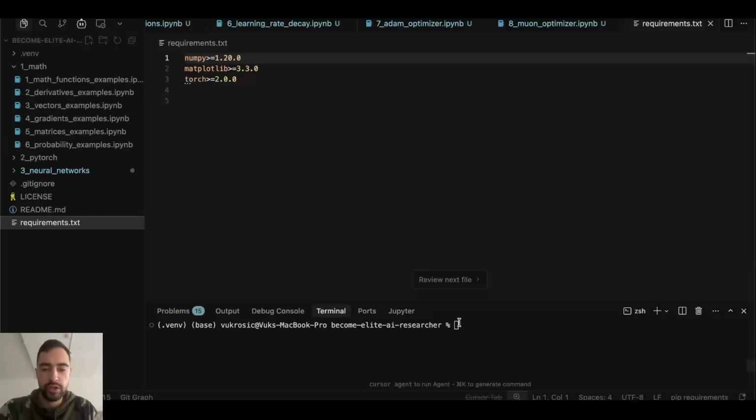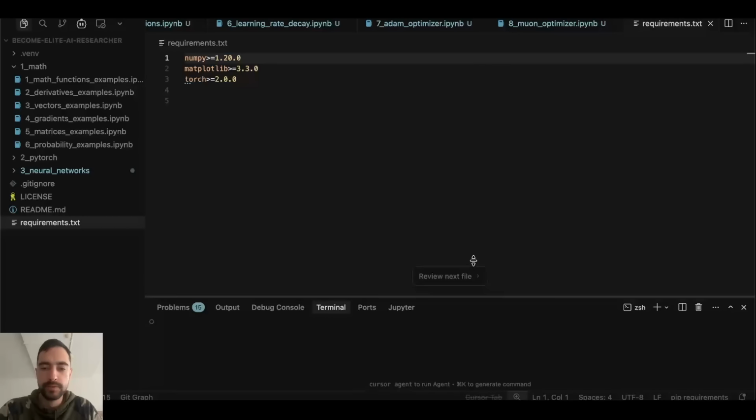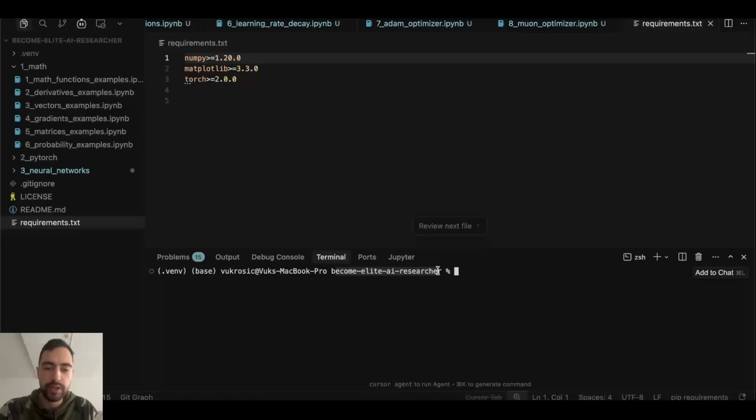So make sure you enter your console and make sure you are in the folder in which the requirements file is. So this is the outside folder in which the requirements file is. And then I'm going to say pip install -r requirements.txt, but make sure to create your environment.